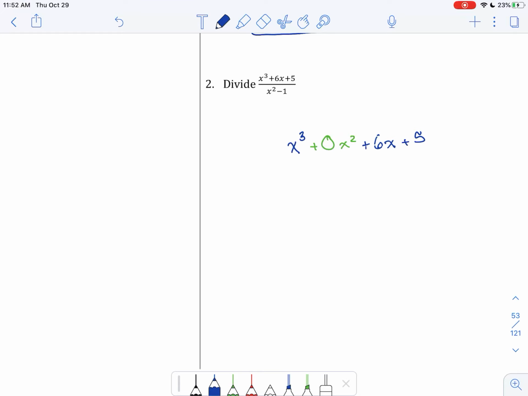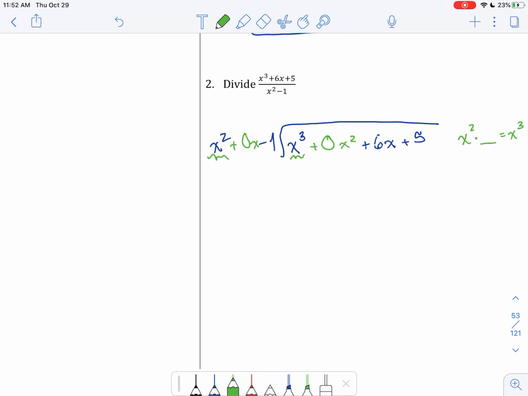Because then it goes 3, 2, 1, constant. Same thing for x squared minus 2. So on the outside, that would be divided by x squared plus 0x minus 1.